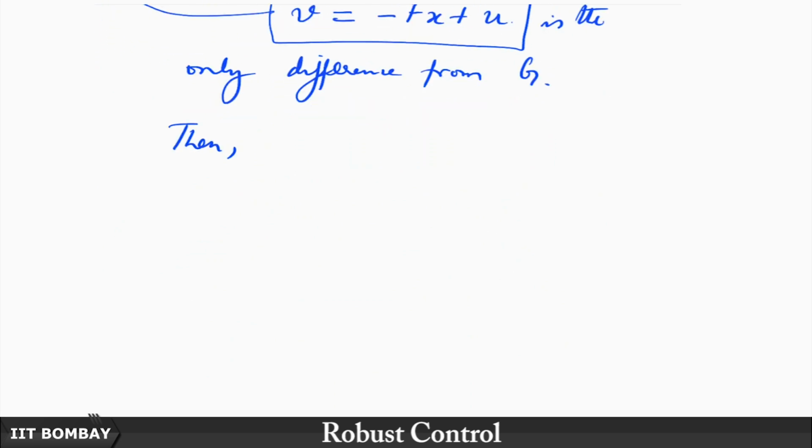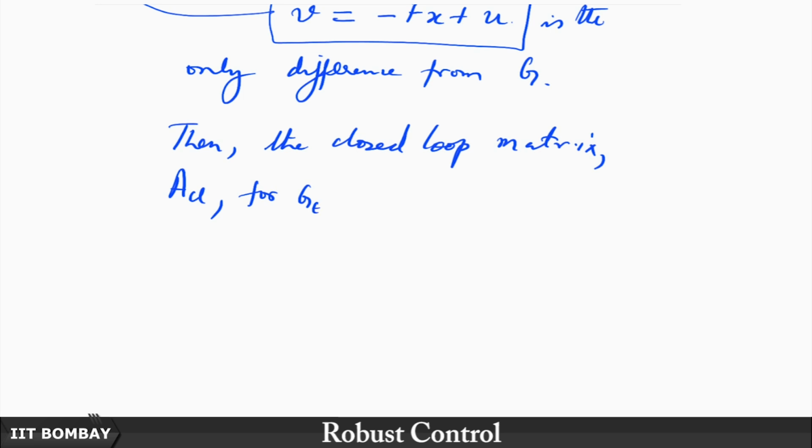Then the closed loop matrix ACL for G_TMP is the same as that of G hat.